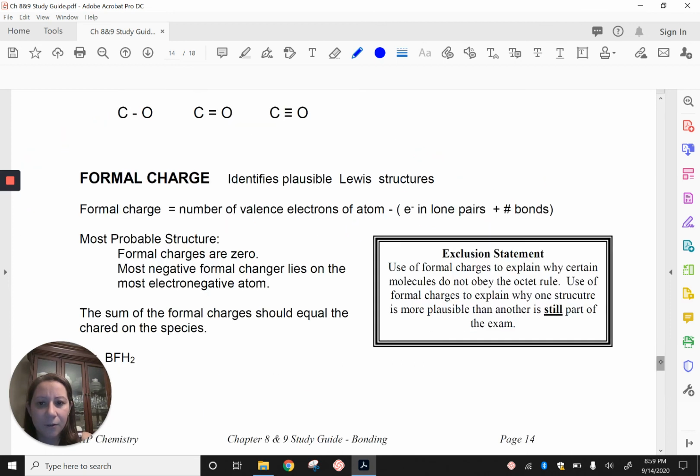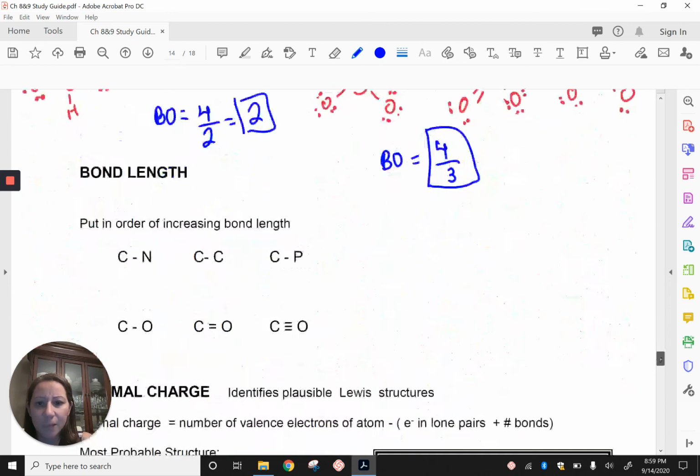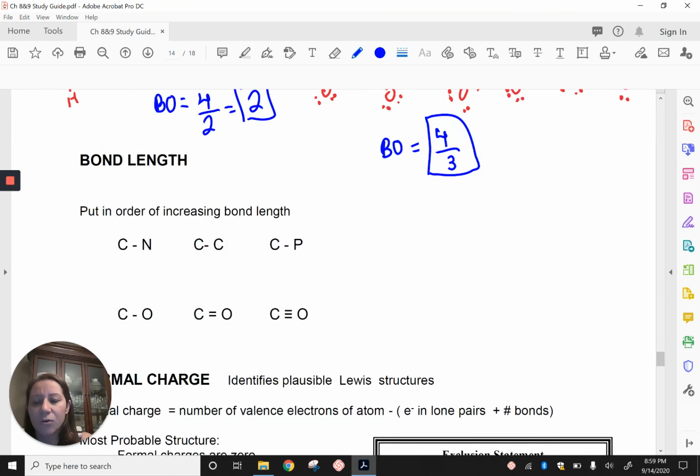Now let's take a look at bond length. So bond length is what it sounds like it is. It's the length of a bond. So sometimes we call that the internuclear distance.